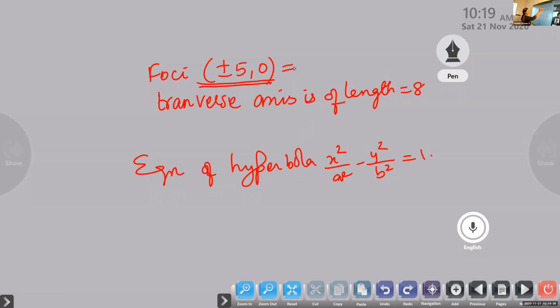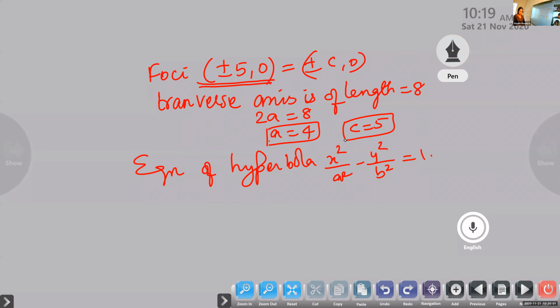So comparing this with plus or minus c comma 0, we can say c is 5. And look at this length of transverse axis. What is the length of transverse axis? 2a, very good. So 2a is 8, so a is 4. And here we got c is 5. Again find out b, substitute this, find the equation.